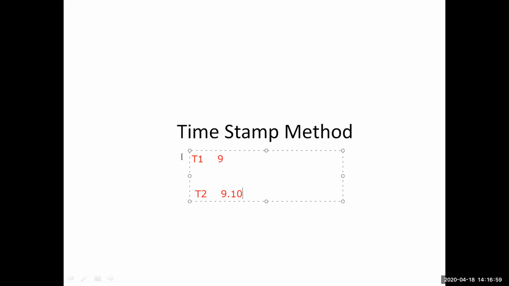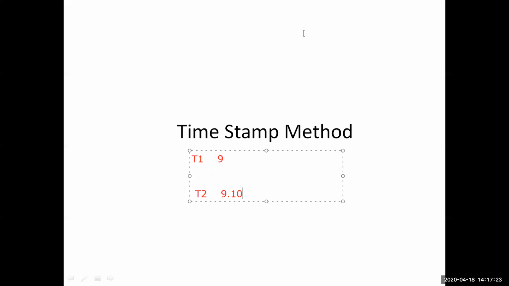So T1 is an older transaction compared to T2, and T2 is a younger transaction. Whoever enters first will get executed first. So as T1 has entered first, T1 will get the highest priority for the execution compared to T2.